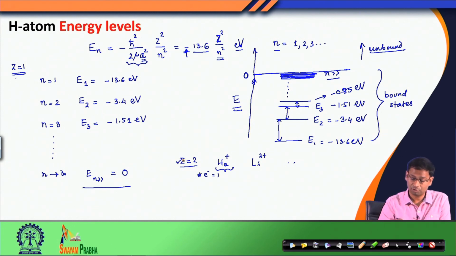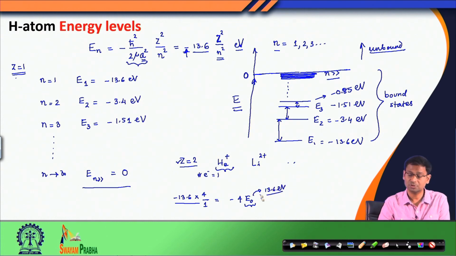So, for example, for helium plus I would simply use Z as 2 and the rest of the things would remain the same. For helium plus, the ground state energy will be minus 13.6 multiplied by Z squared, which is 4, divided by n squared with n equals 1. So, it is minus 4 times E0, where E0 is 13.6 electron volt.